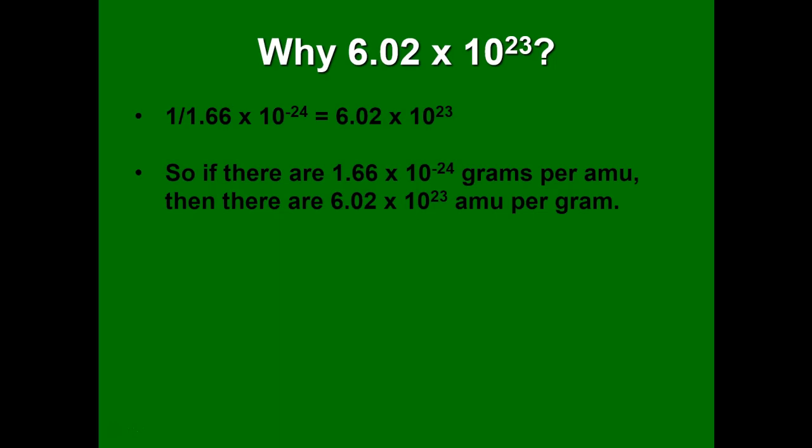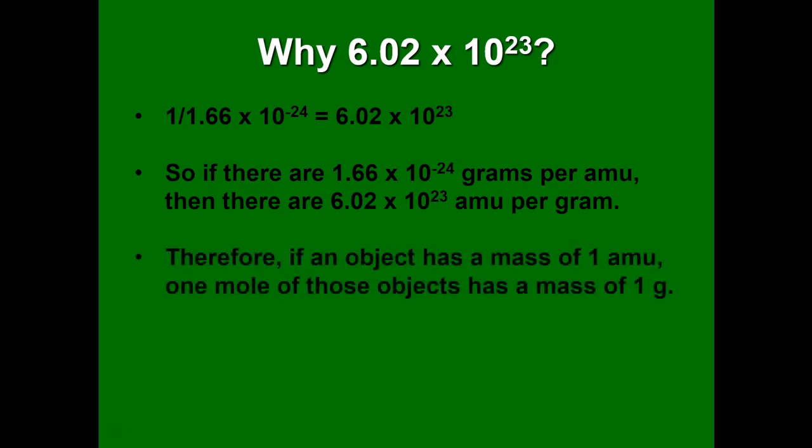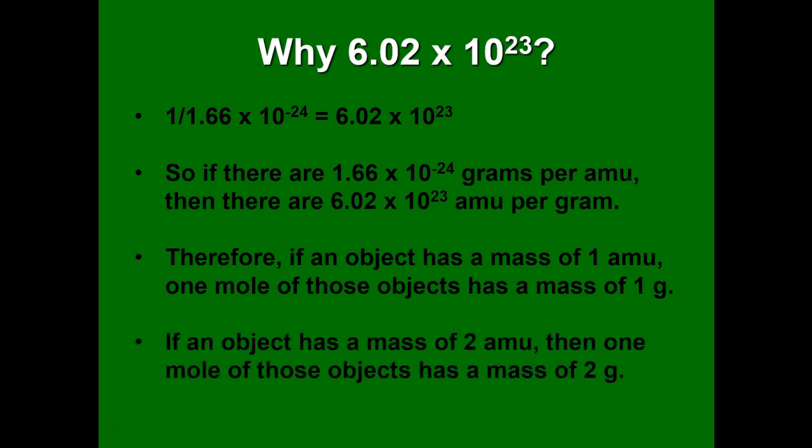Well, if there are that many AMU per gram, and there are that many objects in a mole of something, then it follows that if an object had a mass of exactly 1 AMU, then 1 mole of those objects would have a mass of exactly 1 gram. And if an object had a mass of 2 AMU, then 1 mole of those objects would have a mass of 2 grams, and so on.